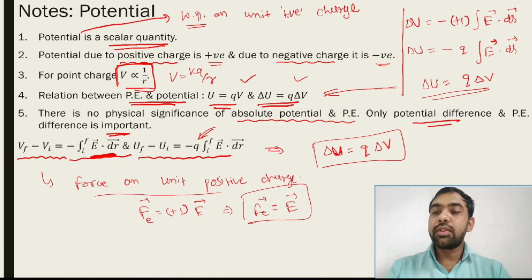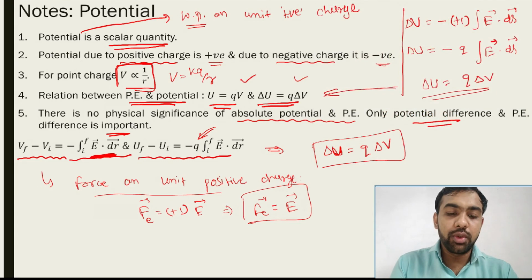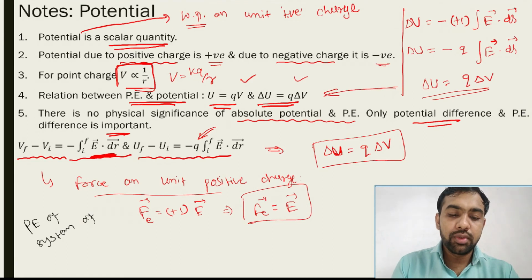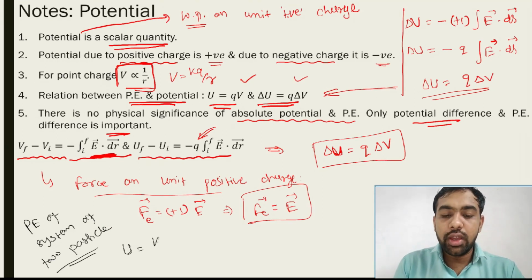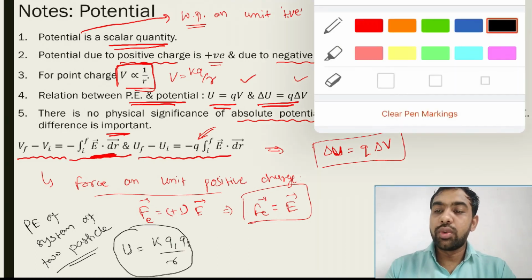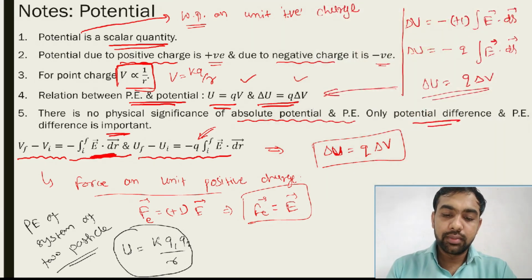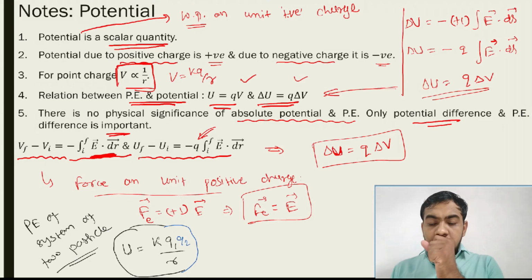Okay, and when you consider the potential energy of a system of two charged particles, then U is equal to K Q1 Q2 upon R. See, K Q1 Q2 upon R. If you consider this situation, then maybe Q1 is positive and Q2 positive, or Q1 negative and Q2 negative.